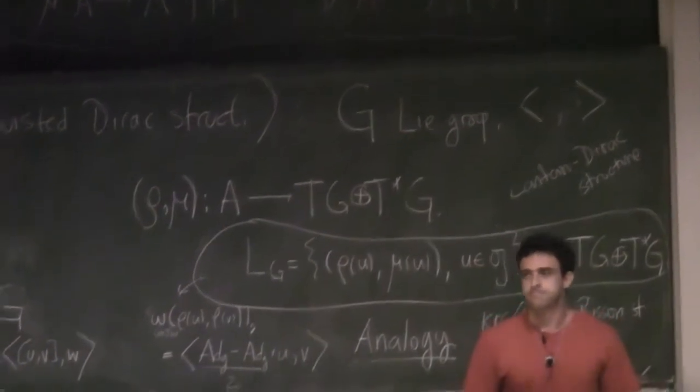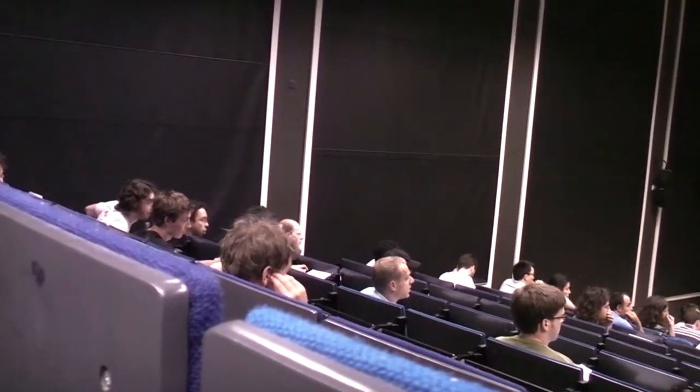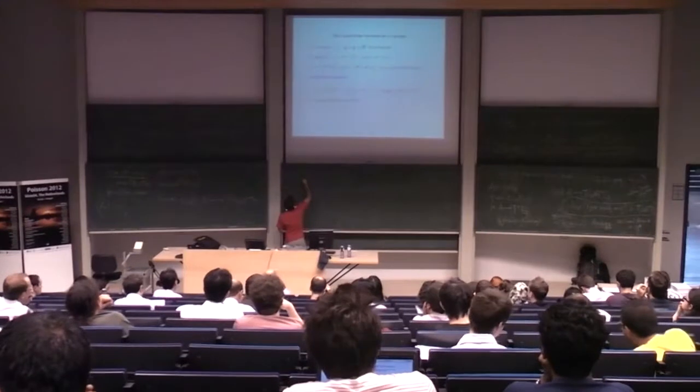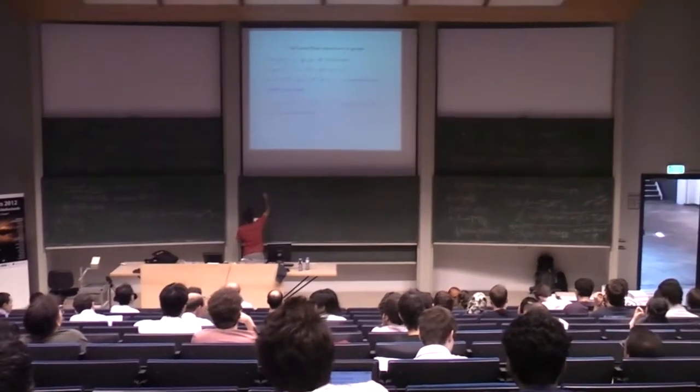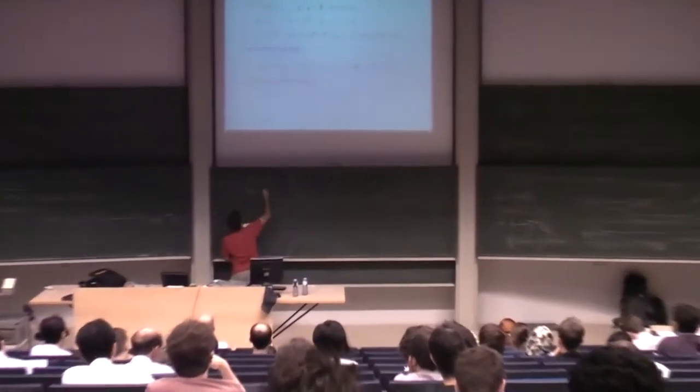What was the formula for the form? Here? Yeah. Let me write it again here. So this omega GHJW, on infinitesimal generators, these guys generate the tangent to the orbit.